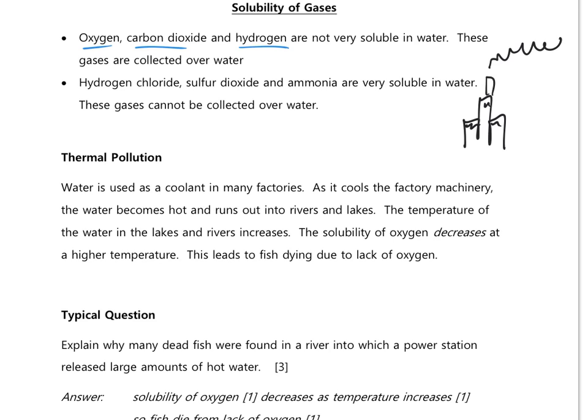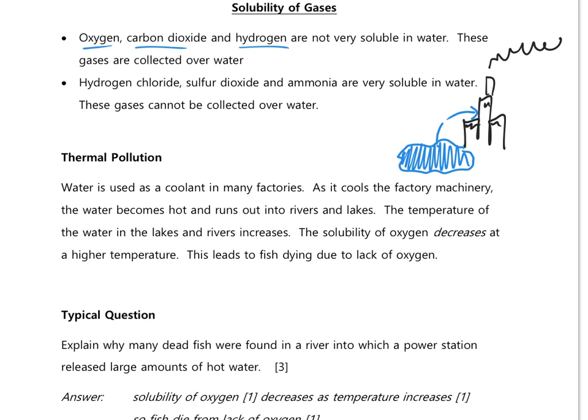And what you'll find is that a lot of factories are close to lakes and bodies of water in general, and that's because in factories you're using machinery and it gets very, very hot, and so what they do is they use water from lakes to actually cool down their machinery. So they're taking this water, putting it around their machinery, cooling the machinery down, but what happens then to the water? Yeah, it gets polluted.